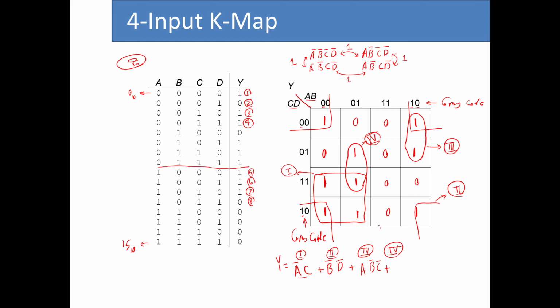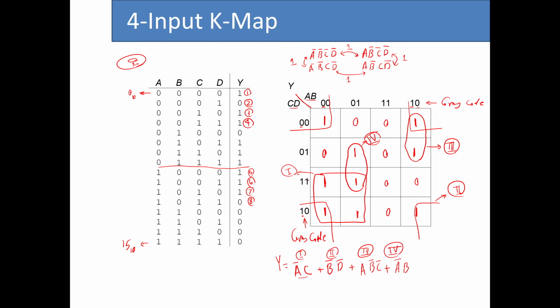And finally, for the last circle, which contains these 2 cells, we have A to be always 0, so we have A bar. B is always 1, we have B. C can be both 0 and 1, so it is not included.